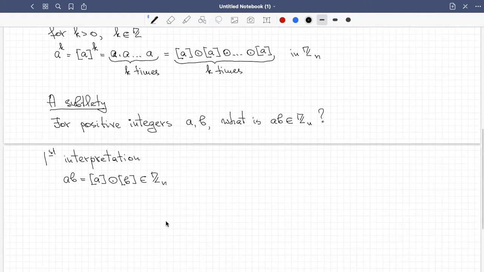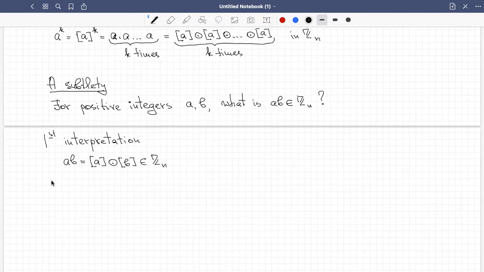There is yet another interpretation, second interpretation. We still think about B as B in brackets, as a class, while we think about A as an integer.